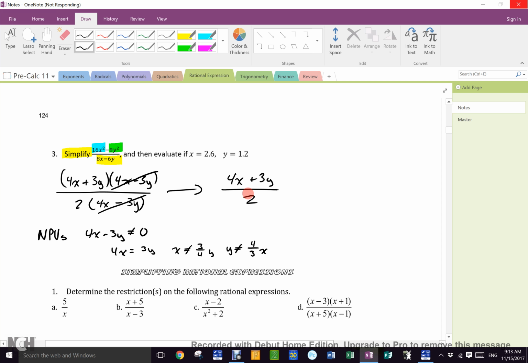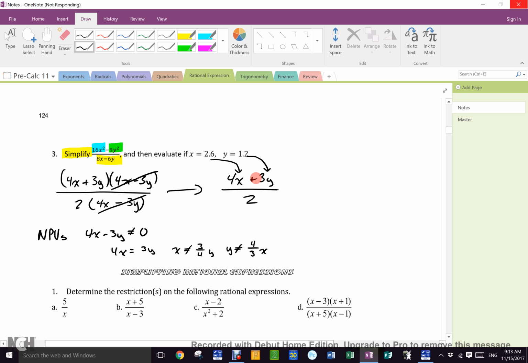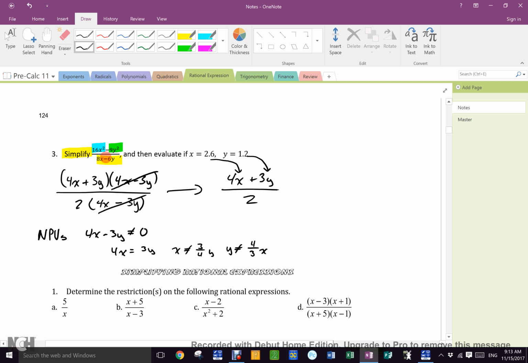Now, how many substitutions do I have to do? Just 2. And how many math operations do I have to do? Just 1, 2, 3, 4. How many did I have to do here? 1, 2, 3, 4, 5, 6, 7, 8, 9. I had to do 10 operations. Or I have to do 3. Which way is easier?